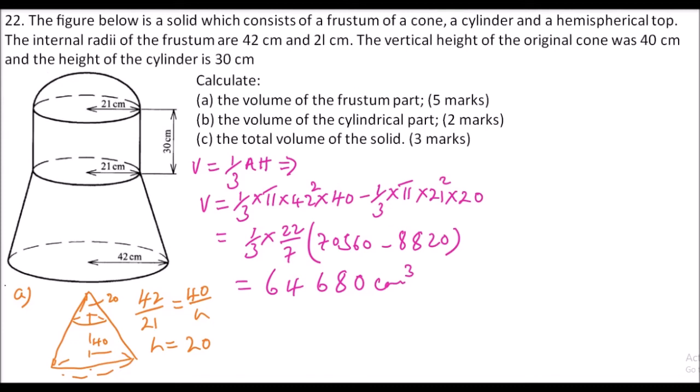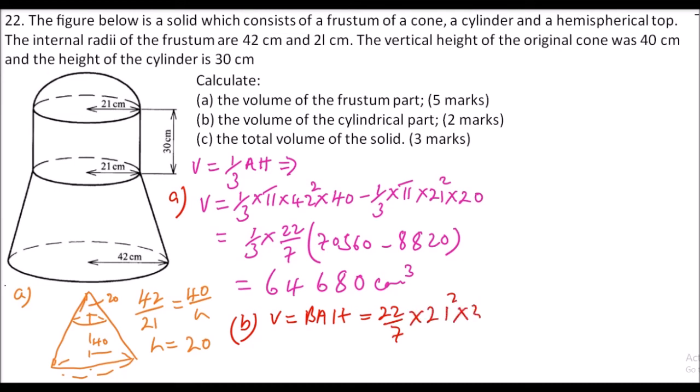So once you get the volume of the frustum, then part B, you are told to find the volume of the cylindrical part. So part B, the volume is equal to base area times height, which is 22 over 7, pi r squared, times 21 squared.